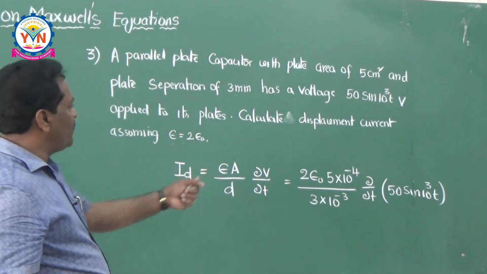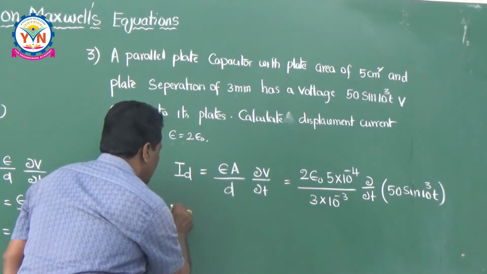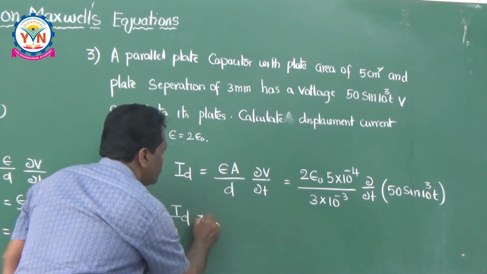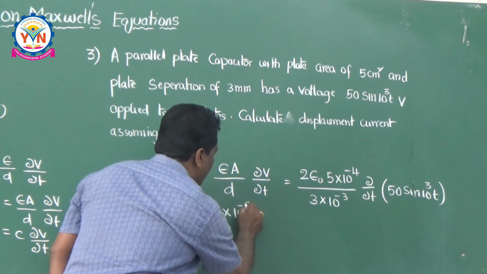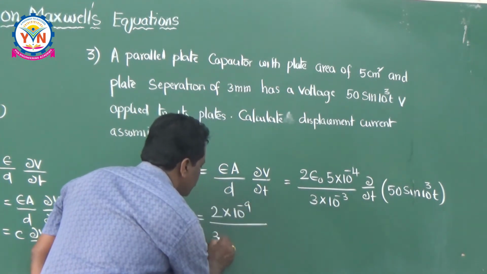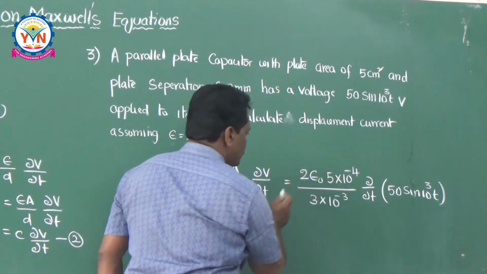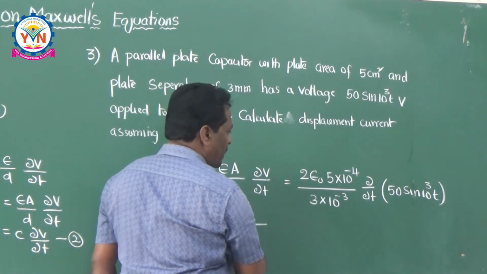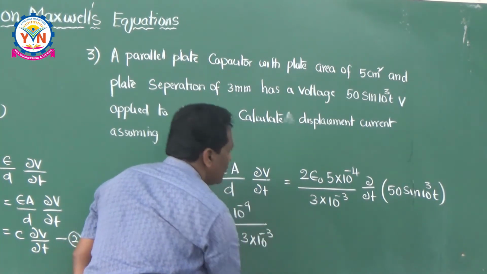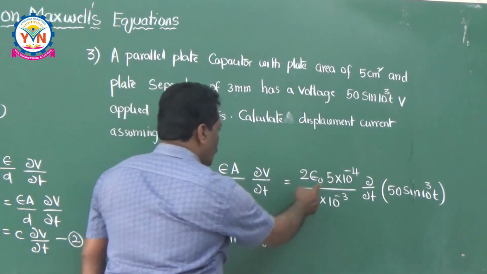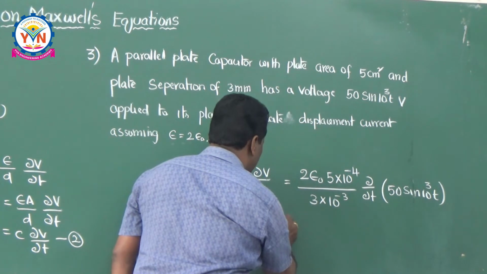So if you just simplify this, then you are going to get here ID is equal to 2 times epsilon naught, which is 10 to the power of minus 9 by 36 pi, into 2 epsilon naught, 36 pi into 3 into 10 to the power of minus 3. So 5 into 10 to the power of minus 4. Just substitute the values. Nothing is new here.